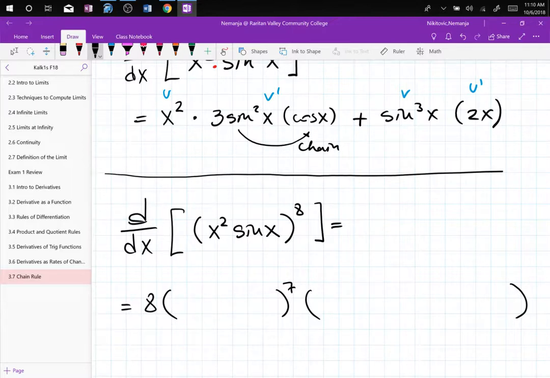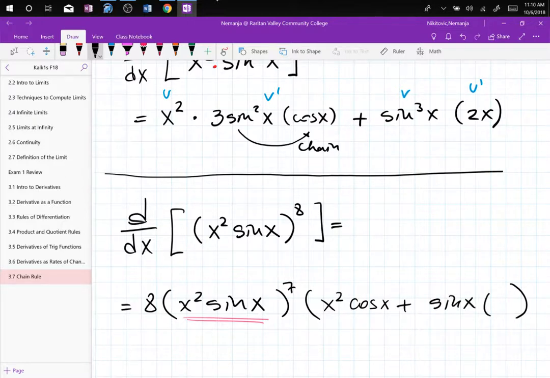Now, when I'm taking the derivative, this would be x squared sine x because that's just a standard chain rule. And now when you have to take the derivative of the inside, you realize, oh, that's a product rule. So now I have to say, copy the first, x squared, derivative of sine is cosine x, plus copy the second, sine x, times the derivative of the first, 2x.